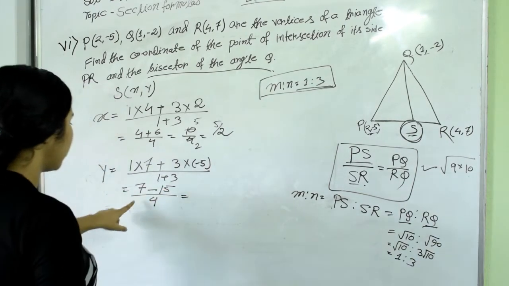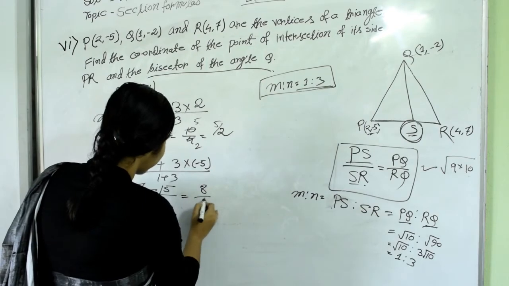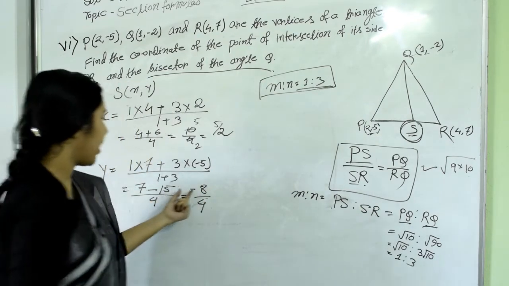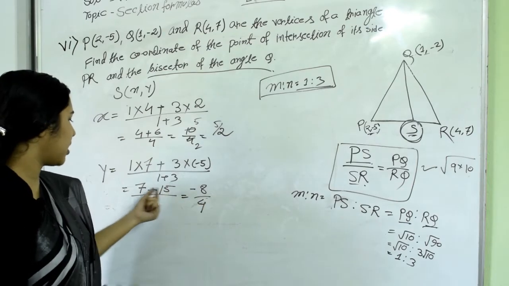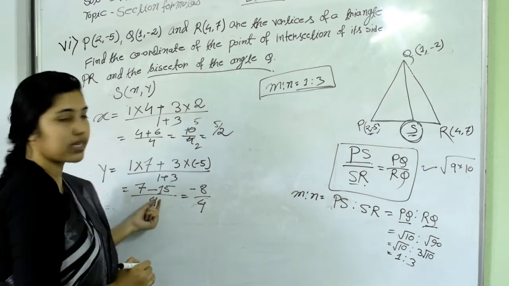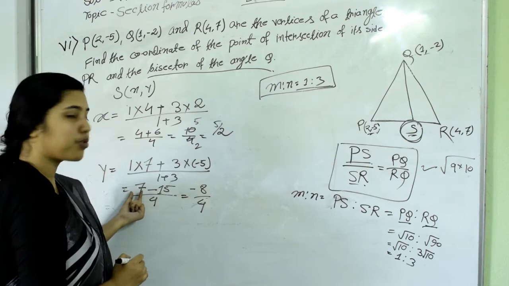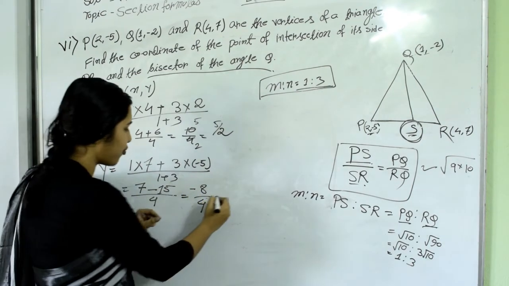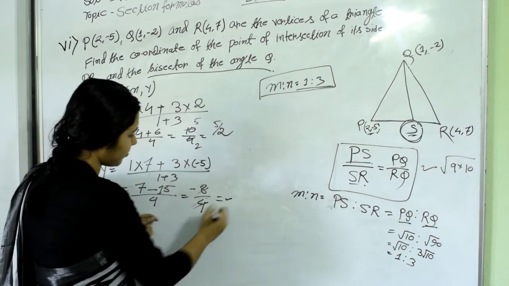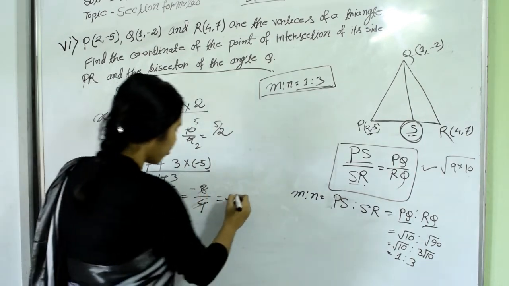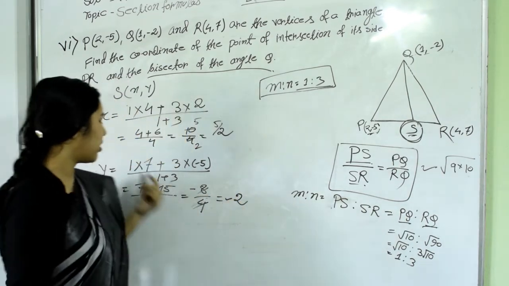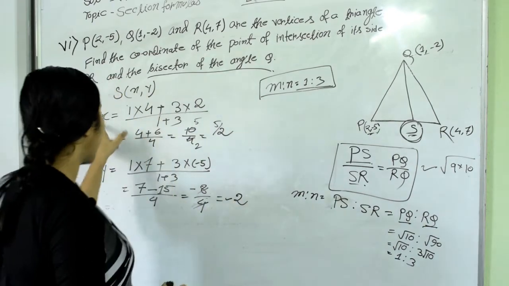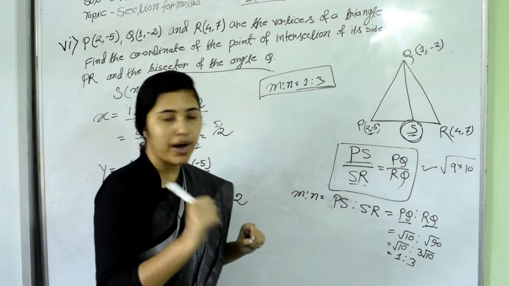This is equals to minus 8 by 4, because here the sign of 15 is negative and 15 is more than 7. So here our answer is minus 8 by 4. Now divide 8 by 4, 4 twos are 8. So here the value of y is minus 2 and the value of x is 5 by 2.